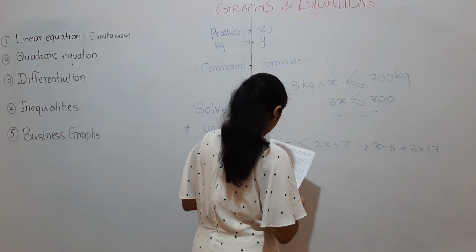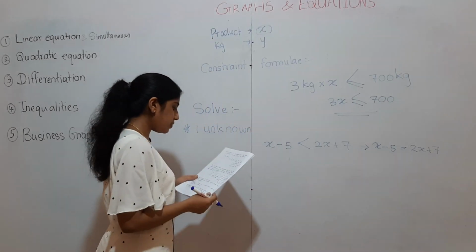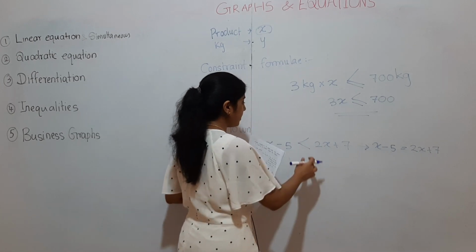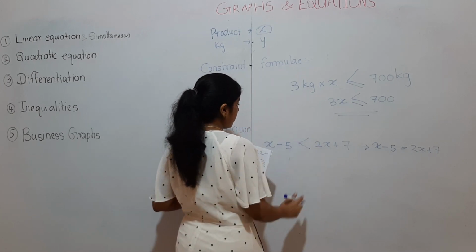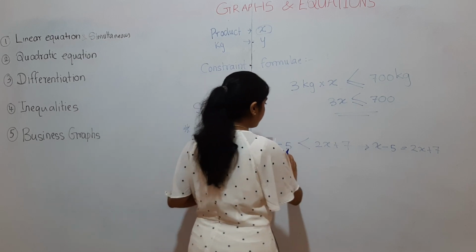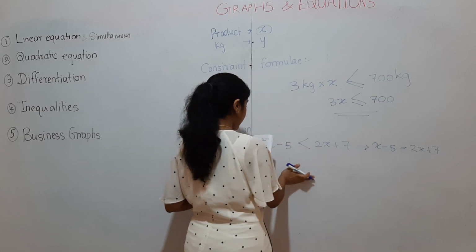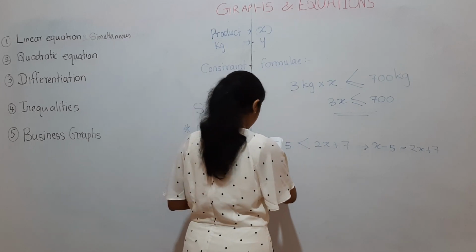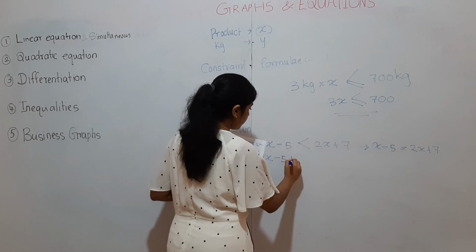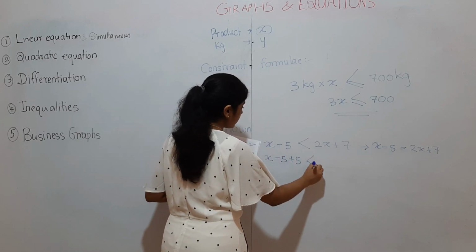First thing they said, adding or subtracting will not change the sign of the inequality, which is this. So now I am going to take all the numbers this side and x values this side. So x minus 5, I am going to put plus 5 using opposite sign rules.